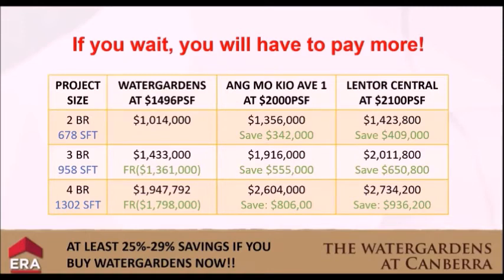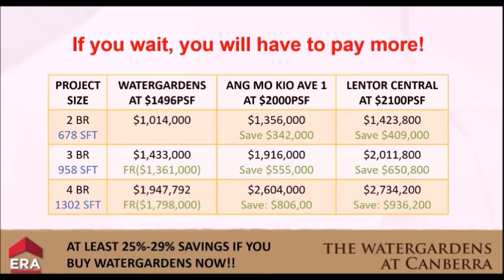Using this PSF versus $2,000 PSF at Ang Mo Kio Avenue 1 and 2001 PSF at Lentor Central, you can see that if your client is able to commit today, they would have saved 342K to 409K. Even for our cheapest 3-bedroom at 1.361 million, if your client is able to commit today, for the same size, they will be able to save $500,000 to 650K.